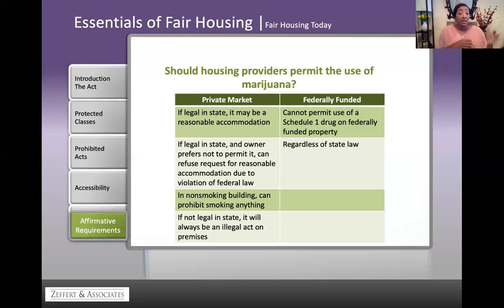And by the way, at federally funded properties, just because someone may have their medical marijuana card doesn't mean that you are allowed to allow them to smoke marijuana at the property, because it is a federally funded property and it is also a Schedule I drug, which is illegal federally, even if the state says okay. And so there are a lot of individuals that do need the use, have a medical marijuana card for the use of, say, to assist them with chronic pain.